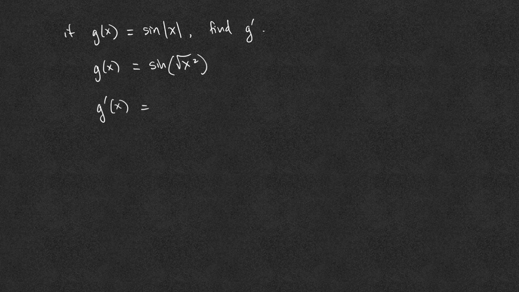The sine function outside becomes cosine, and then we rewrite the inner function, and then we multiply by the derivative of the inner function, which is the derivative of the square root of x squared, or 1 over 2 root x squared, whose inner function is x squared, so we would multiply by 2x.